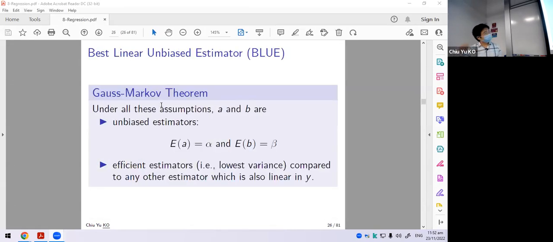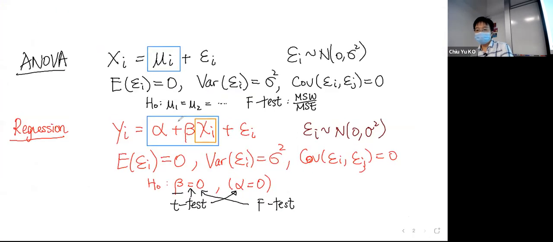Next is the Gauss-Markov theorem, which says the A and B from the least square estimate turn out to be unbiased estimators. So the good thing is, if we are willing to accept that this is our model that generates the data we observe, that Y and X in the real world are related linearly, that is the assumption we are making.